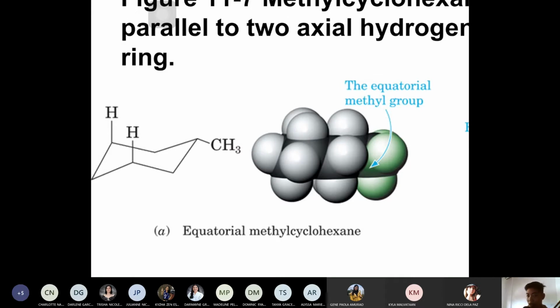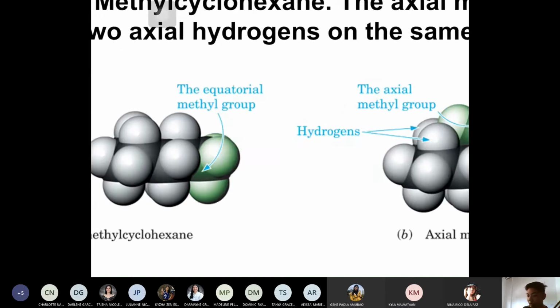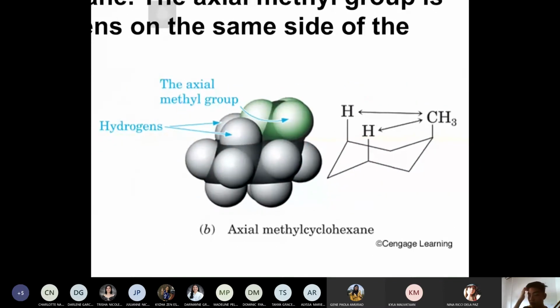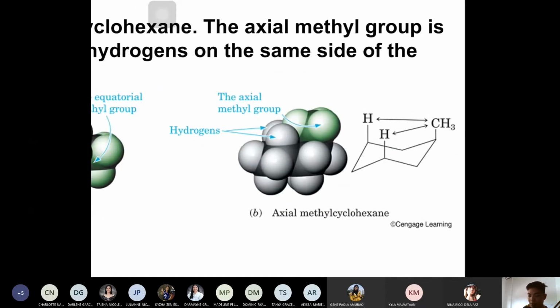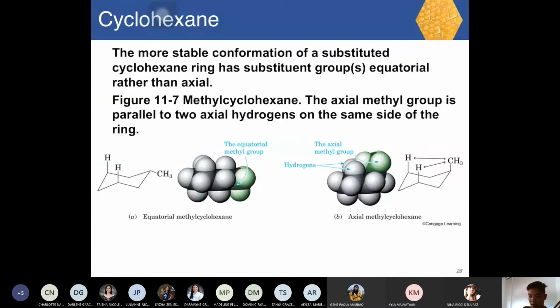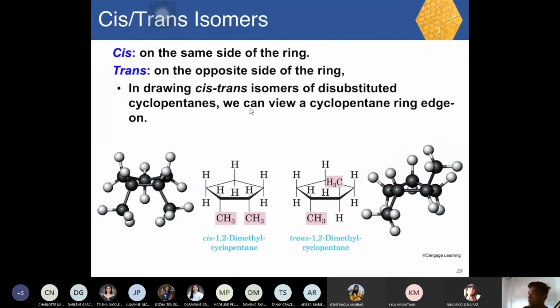So, dun siya sa dulo nakakabit lang. Unlike ito na may binubunggo pa siya sa taas, no, na hydrogen atoms, no? So, that's the reason why we say that cyclohexanes that have an equatorial substituent is more stable than the axial substituent. So, yun lang naman kailangan i-keep in mind nyo.